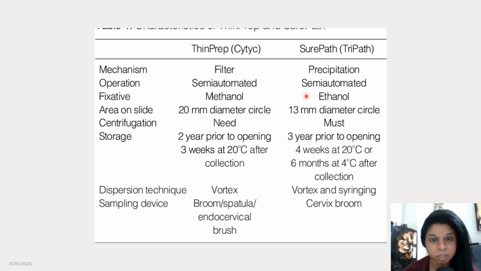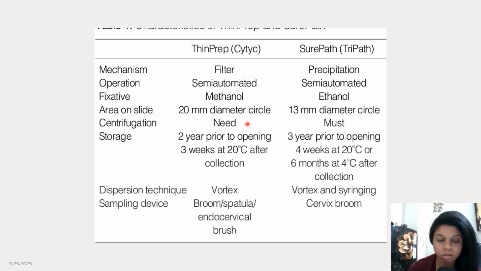Both are semi-automated machines. The preservative fluid which we use in ThinPrep is methanol based, and in SurePath it is ethanol based. And then one very important differentiating thing is the diameter of the circle of cell spread on the slide.